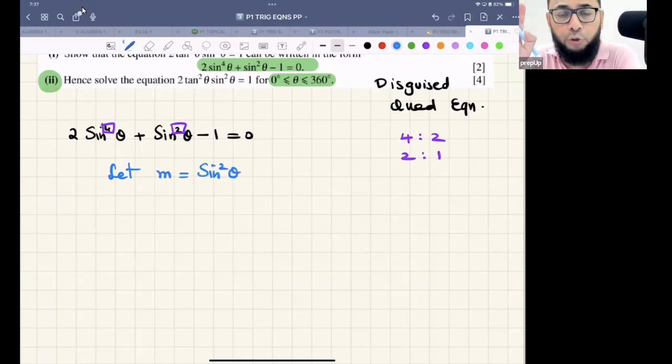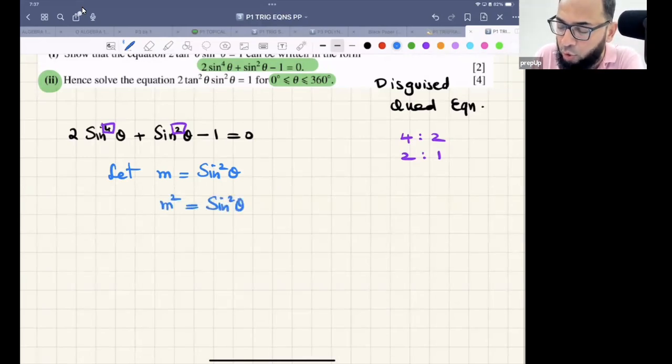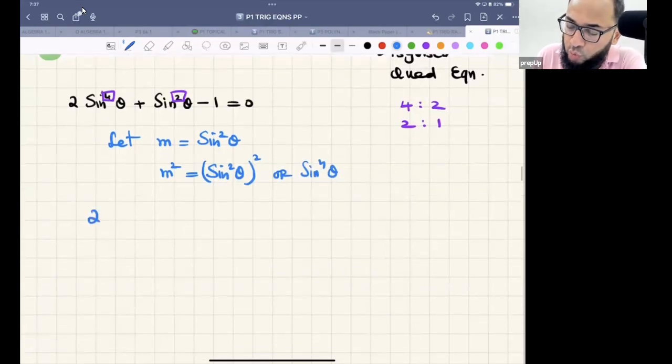And keep in mind, you are looking at this kind of question for the very first time. Next week, we will be studying quadratics, so we'll be studying this in much more detail. M is sine square theta, therefore square both sides. M square is sine square theta whole square, which is sine power 4 theta. So therefore 2m square plus m minus 1 equals 0.